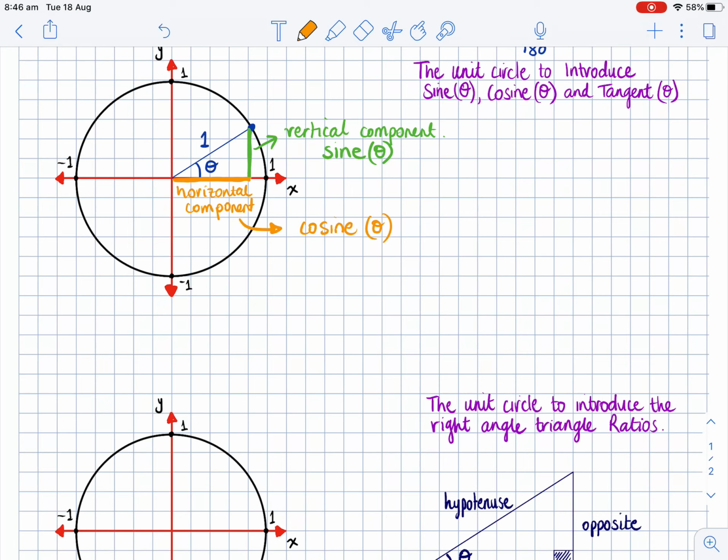Okay, so let's actually undo some of that writing. We'll go back here a bit, and let's have a look at how sine and cosine actually work. What do they actually do? So, all due to the unit circle here, let's get rid of that angle.